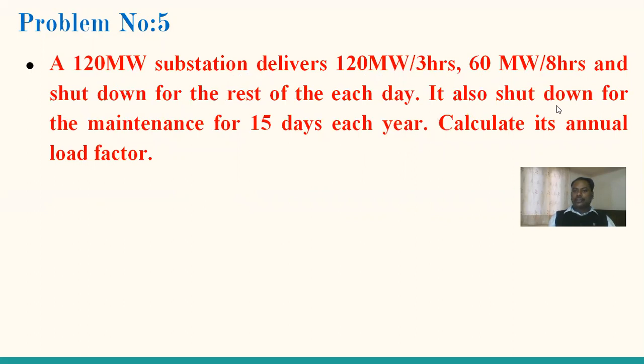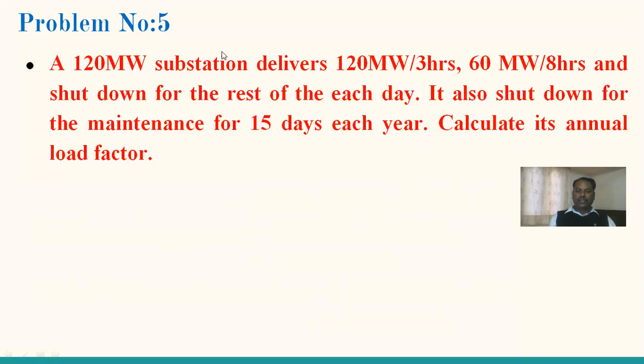It also shuts down for maintenance for 15 days each year. The total number of days per year is 365. Out of 365 days, we have to subtract 15 days for maintenance, resulting in 350 days. So it works for 350 days per year. Calculate its annual load factor.